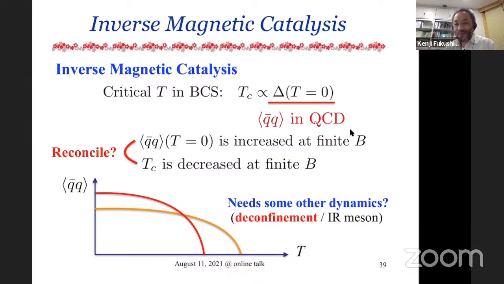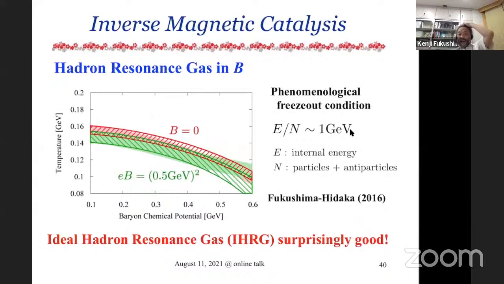And so many people actually discuss or propose theoretical scenarios. But in fact, there is one very simple way to understand this. As I told you, the Hadron resonance gas is a very convenient description to understand the QCD phase transition, okay? And as I told you, this is a very simple model, but this can reproduce the thermodynamic properties.